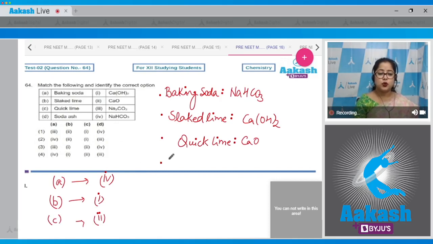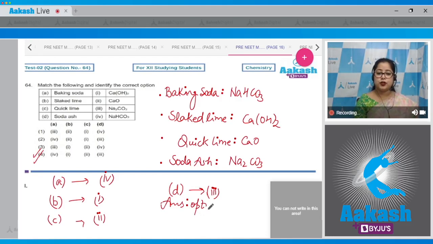Moving to last, soda ash. Students, soda ash is sodium carbonate, that is Na2CO3. That means for D, the correct code is 3. So the correct answer for this question is option number 4. Here I'm writing answer is option number 4.